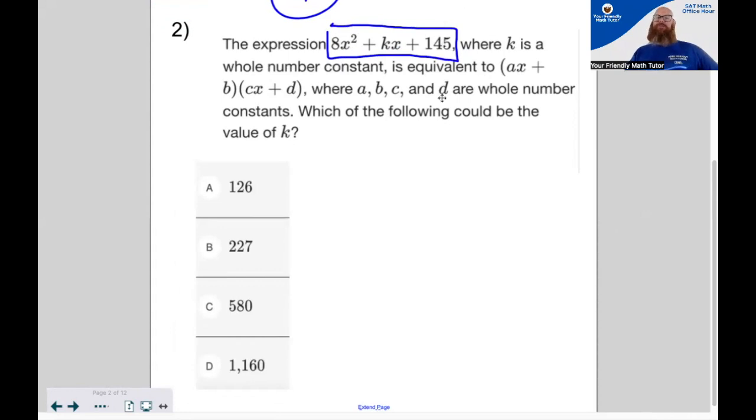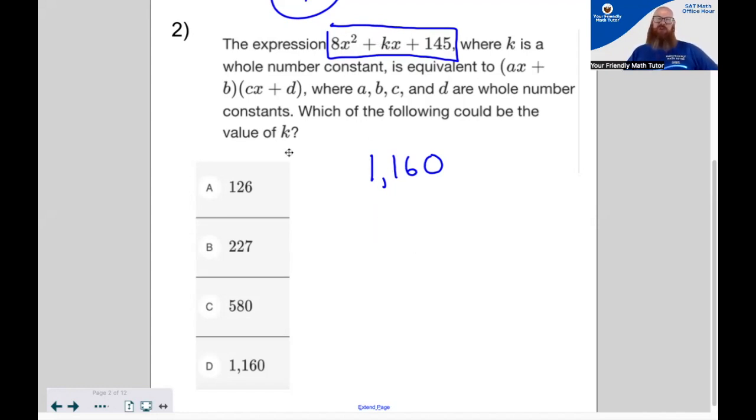Well, the way that you would factor this is you would do the AC method. So you would do the AC method by doing 8 times 145, which is 1,160. And then you would find factors of that add up to K. And if you could find factors of that add up to K, then it would in fact factor.